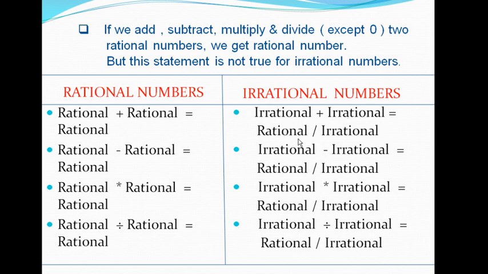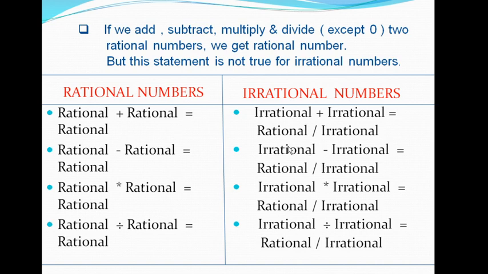It is not necessary that the result is always rational or always irrational in the case of irrational numbers. But in the case of rational numbers, it is certain that the result is always rational.